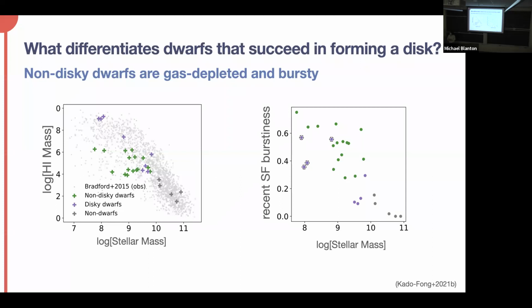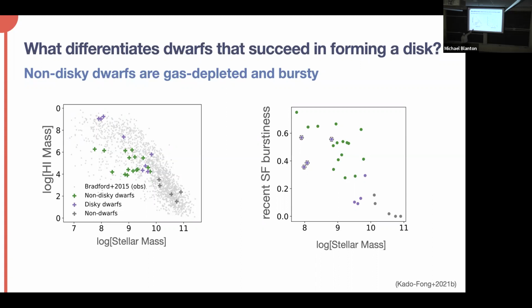Just so I understand better, there's some overlap in green and blue crosses on the left. When you characterize some as green and some as blue, are you saying that at any given stellar mass, there's a lower gas content compared to the blue? Here, the colors do not map onto the gas fractions.